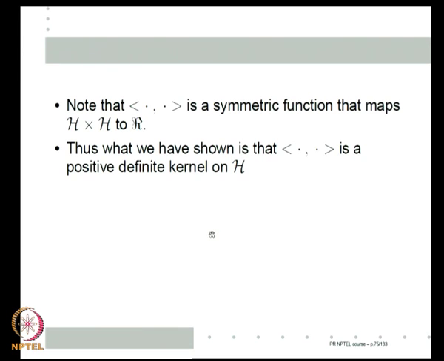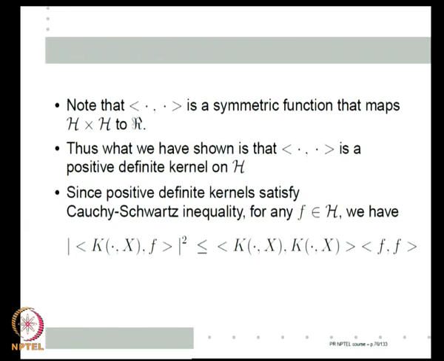Because it is a positive definite kernel on H, we know that it satisfies the Cauchy-Schwarz inequality. What does the Cauchy-Schwarz inequality mean? The kernel value at x1 comma x2, whole square, is less than or equal to the kernel value at x1 comma x1 times the kernel value at x2 comma x2. So, if I take any two elements from H, the square of their inner product is less than or equal to the inner product of element 1 with itself times the inner product of element 2 with itself.